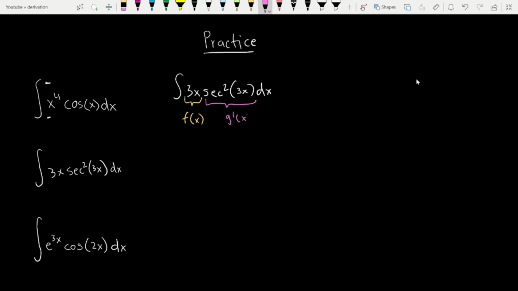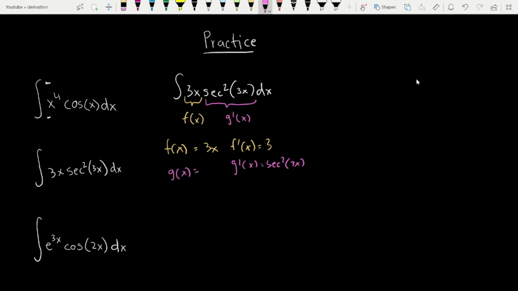So I'm going to make it my g prime of x. So my f of x is going to be 3x, which is going to differentiate to 3. And then my g prime of x is going to be secant squared 3x.